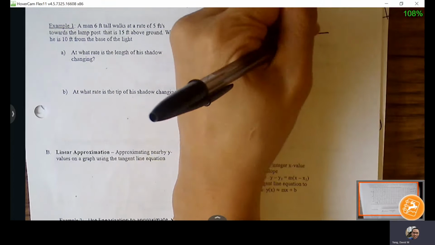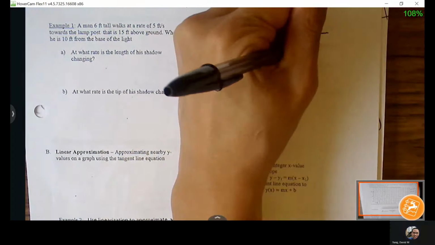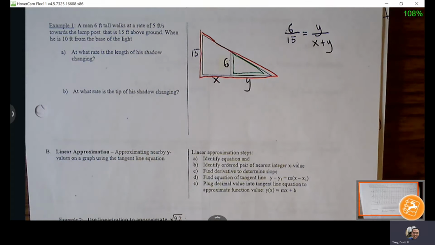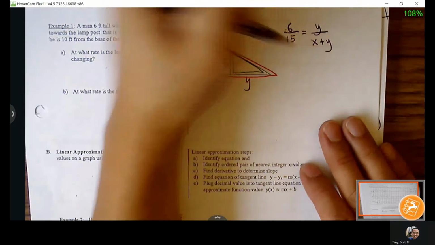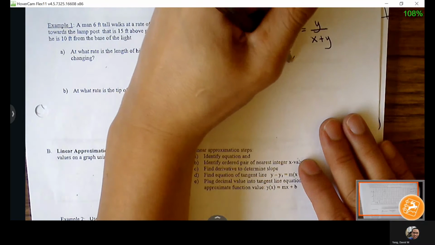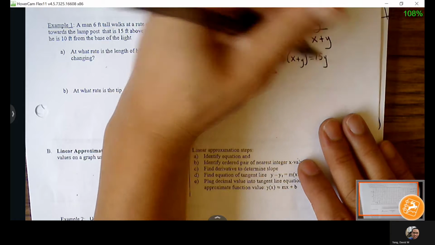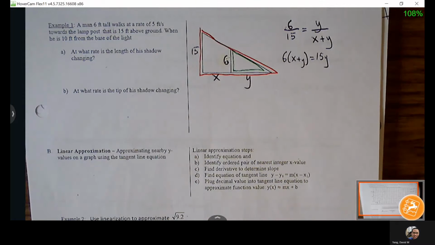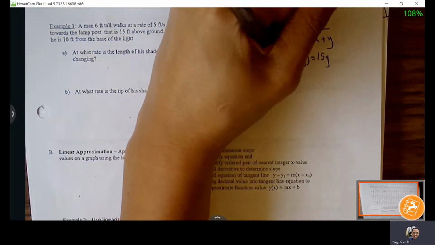Good, right. We want y to represent the base of the small triangle, and we want x plus y to represent the base of the large triangle. Okay, cross multiply. Clean this up, combine like terms.